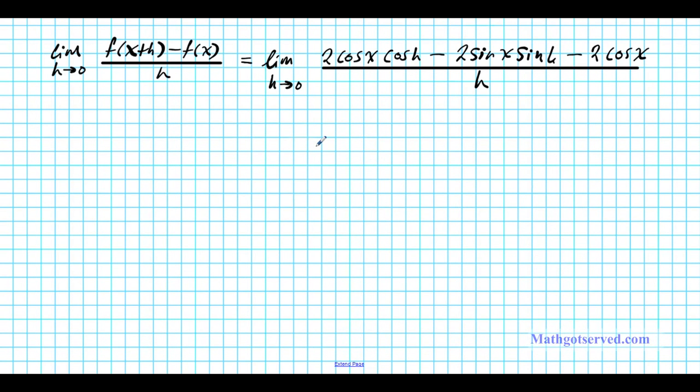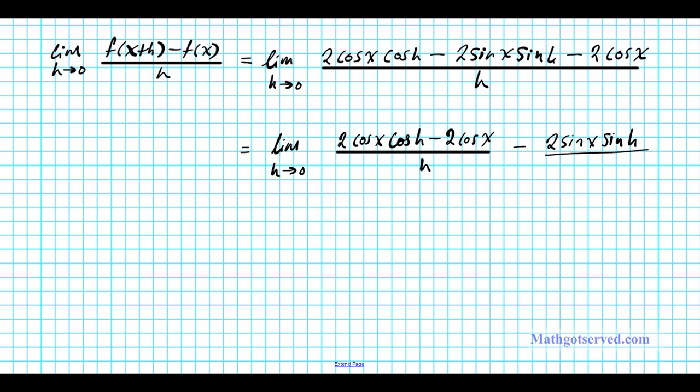So this limit now becomes the limit as h approaches 0 of (2 cosine x cosine h minus 2 cosine x) divided by h, and then minus 2 sine x sine h over h. All right, taking the limit of this entire expression right here.